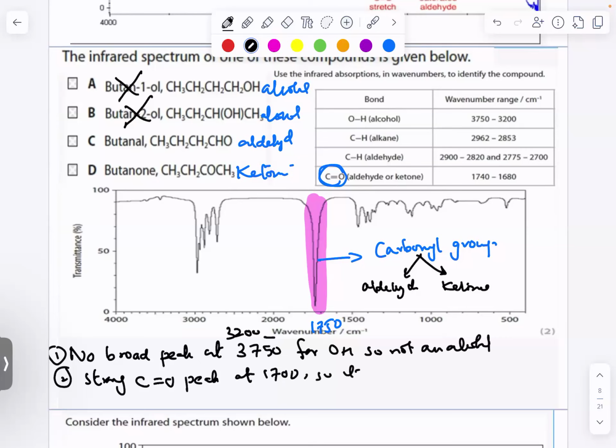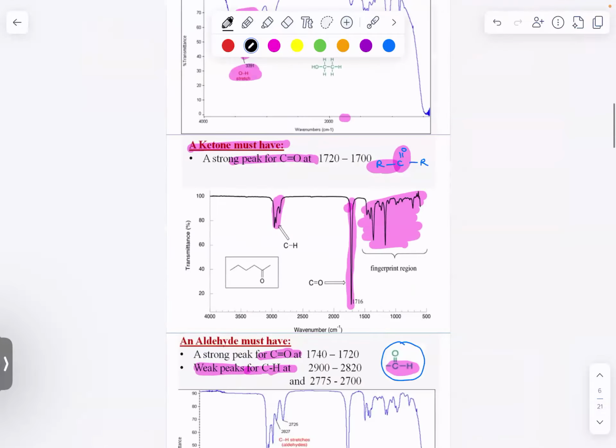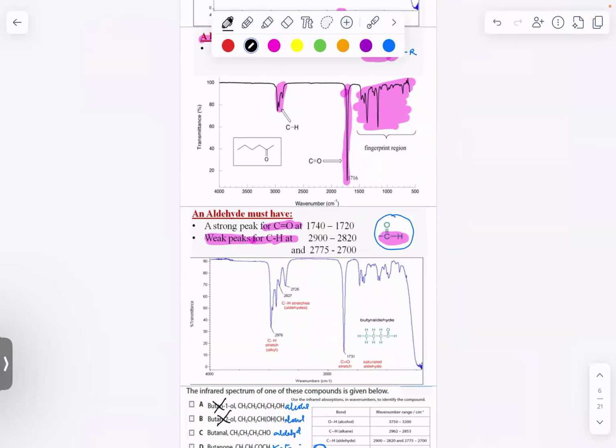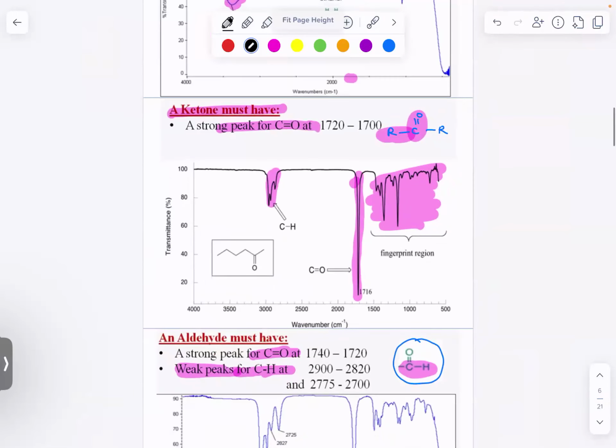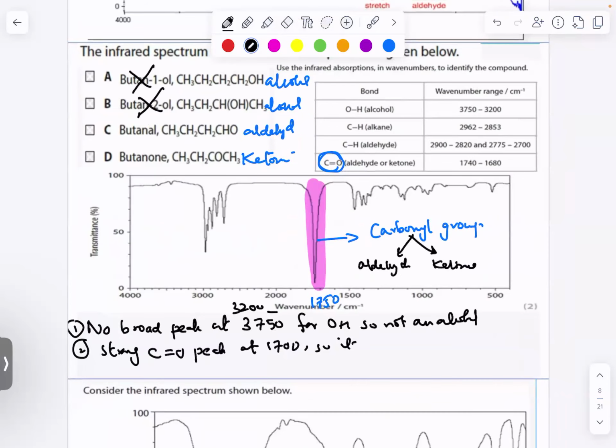I have shown you the ketone as well, and I'm showing you again. Here it is, a ketone, and this. Is it a ketone or an aldehyde? Make a guess. Aldehyde? Well done, because can you see that this matches with the aldehyde spectrum? So it is aldehyde and not ketone.